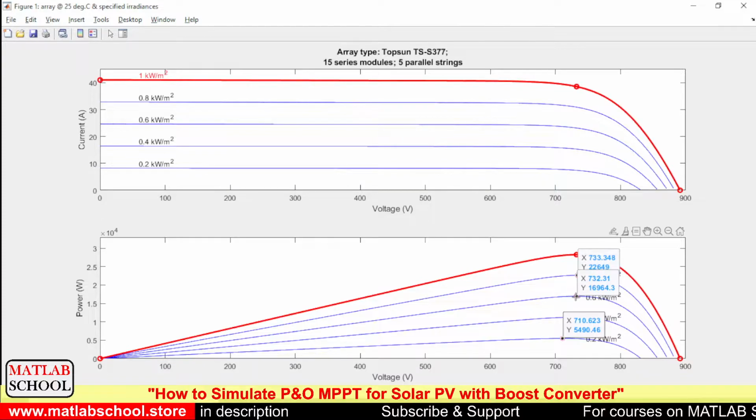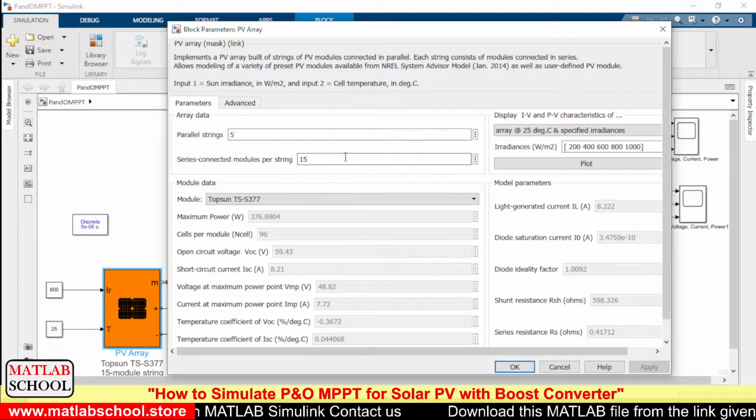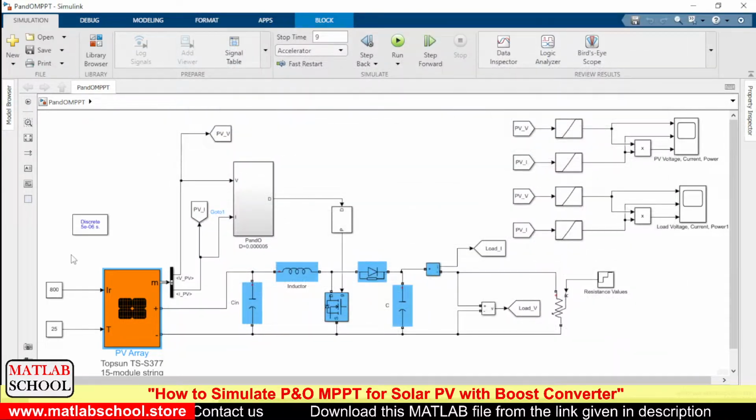When the irradiation is 800, the maximum power that we can get out of the array is 22,649 watts. Here we are giving an irradiation value of 800 and a temperature of 25.